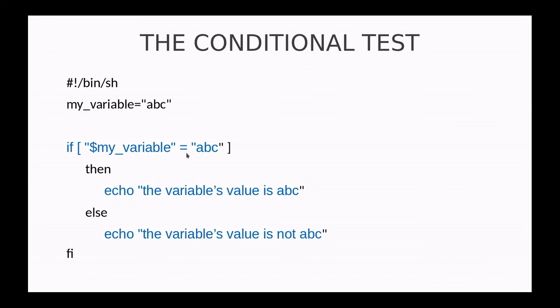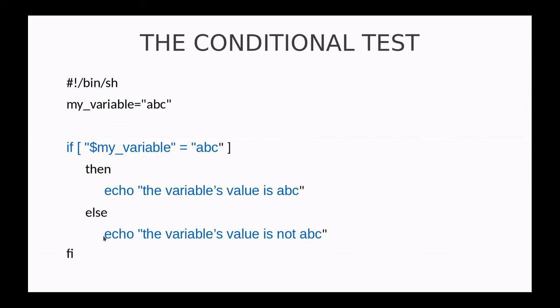And since this string is equal to this, and there are square brackets around it, this will become the test condition. So this is the condition inside the square brackets which is being tested, and the if command is the one that's testing the condition. If this statement is true, then it will execute this line.